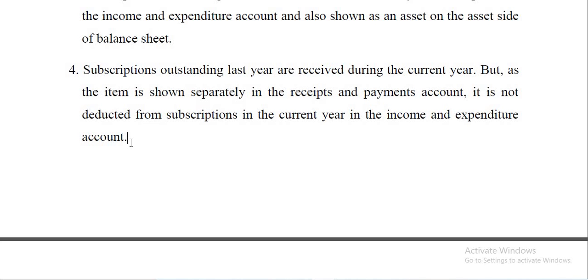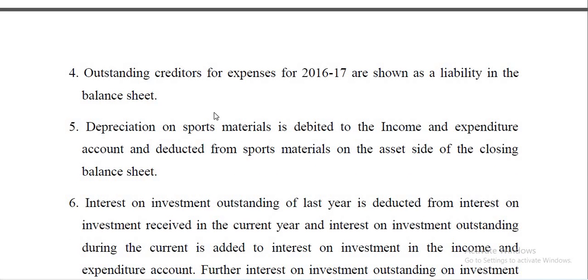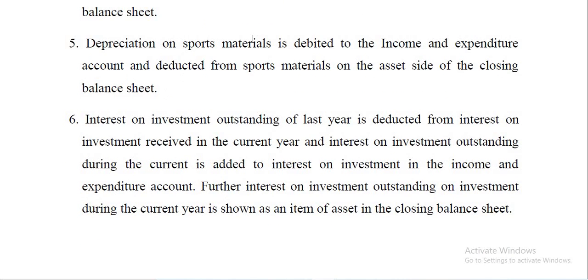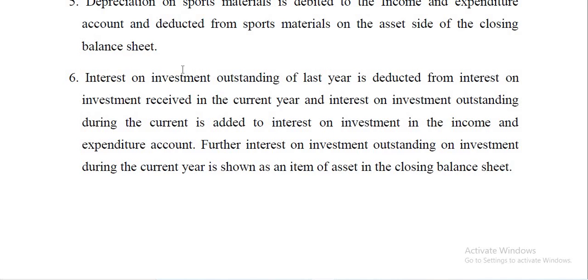If total subscriptions are given, you should have deducted, but they are given separately year-wise. Outstanding creditors for expenses for 16-17 are shown as a liability in the balance sheet. Depreciation on sports materials is debited to income and expenditure account and deducted from sports materials on the asset side of the closing balance sheet.